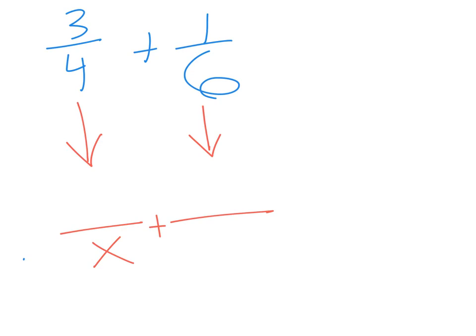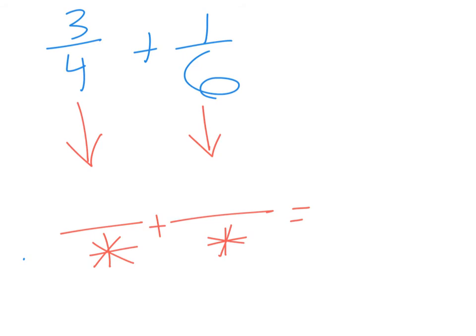Once this number is the same, then we will be able to add them together. So we have to pick what would be a common denominator between 4 and 6.